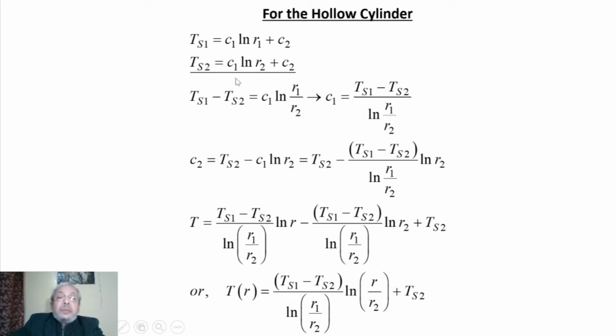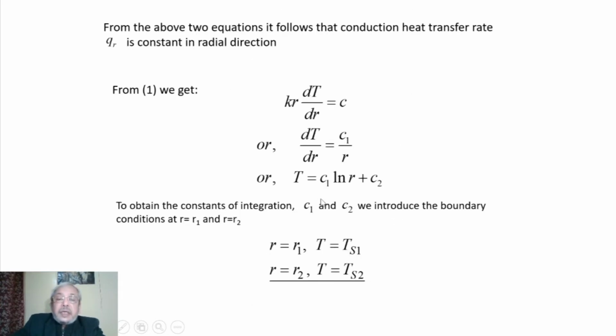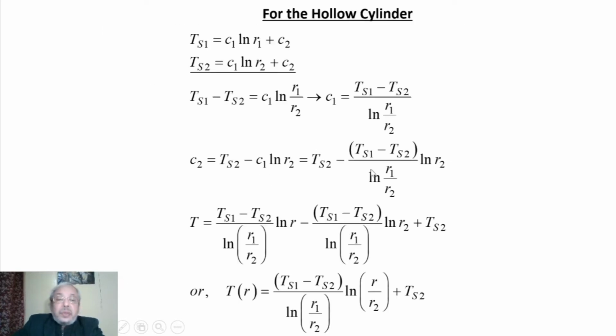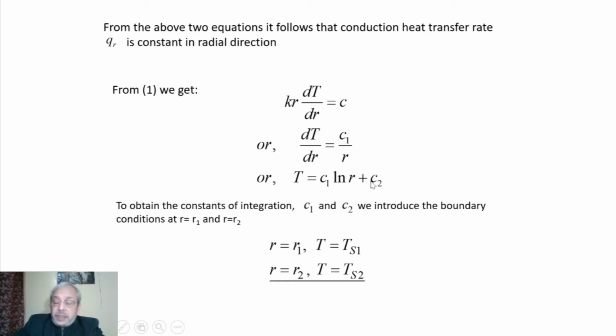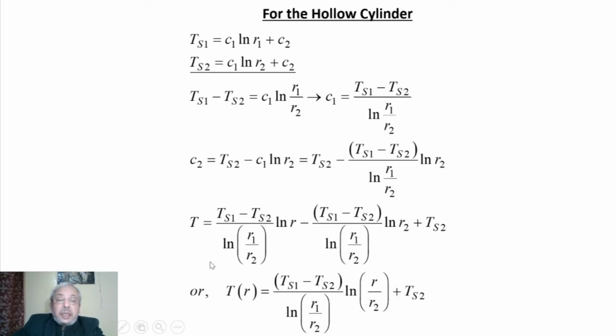So if we now substitute in our expression, that is T equal to C1 ln r plus C2, this whole quantity is written here plus C2.